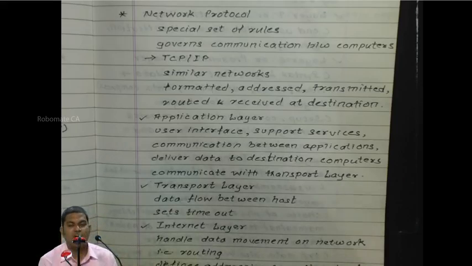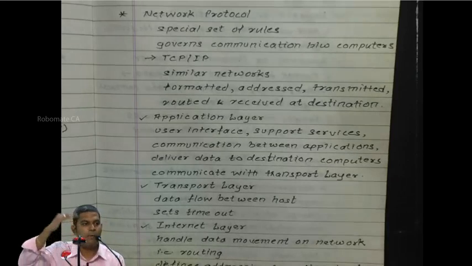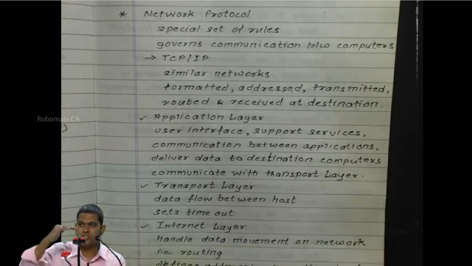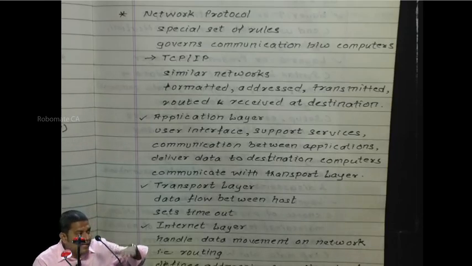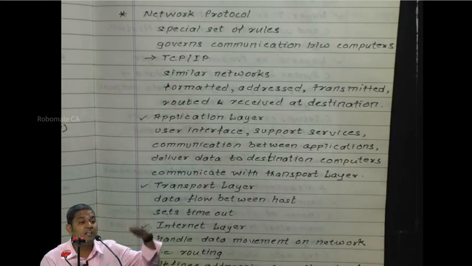These sets of rules are often referred to as layers. And layers are one above the other. So 1, 2, 3, 4, 5 and so on. Now the upper layers are connected to, or answerable to, the user. They are more concerned with the user.